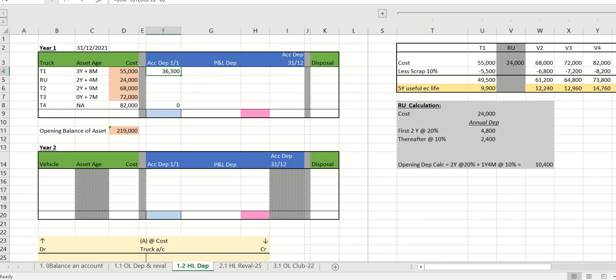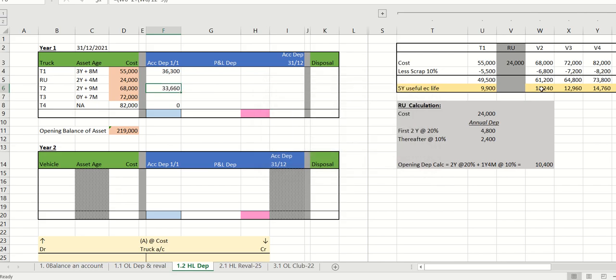Okay. So truck two, I'm skipping the RU for the moment because it's a different depreciation policy for that. So truck two is going to be 12,240, which is our annual straight line value for truck two, multiplied by 2 years. And then I'm going to have the 12,240 divided by 12 and multiplied by 9 months because it's 2 years and 9 months.